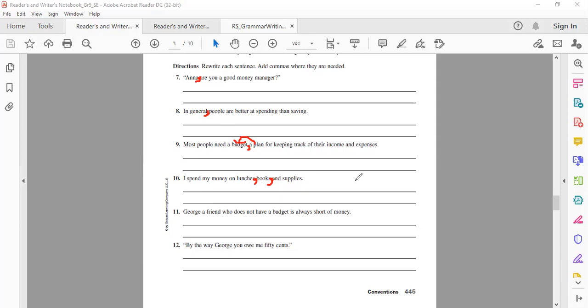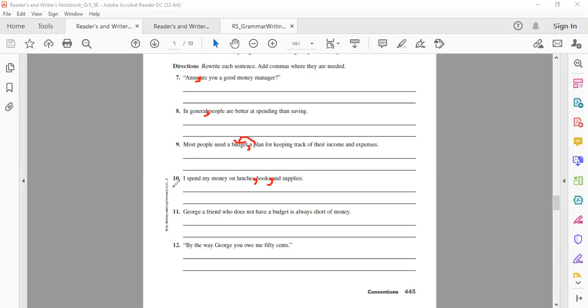George, a friend who doesn't have a budget, is always short of money.